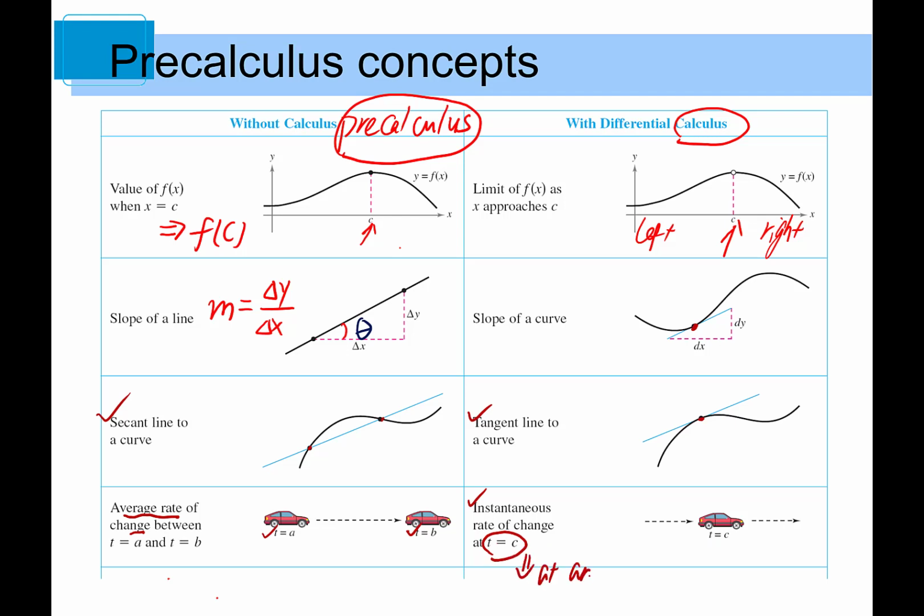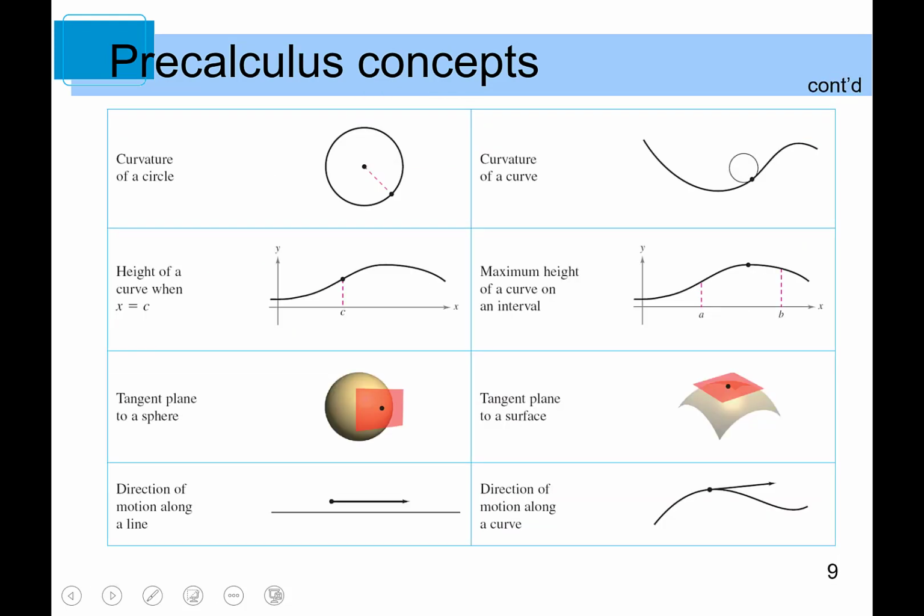Now, just some examples of the difference between pre-calculus and calculus. So there are more examples, right? In terms of the curvature of a circle, that's still pre-calculus stuff. This is calculus.